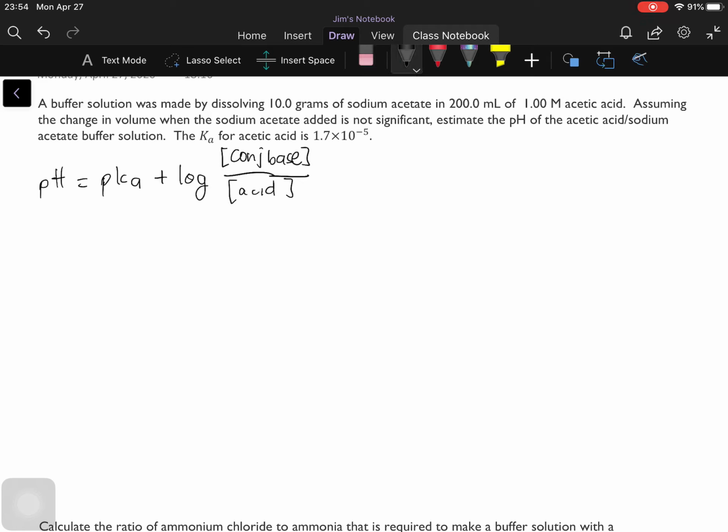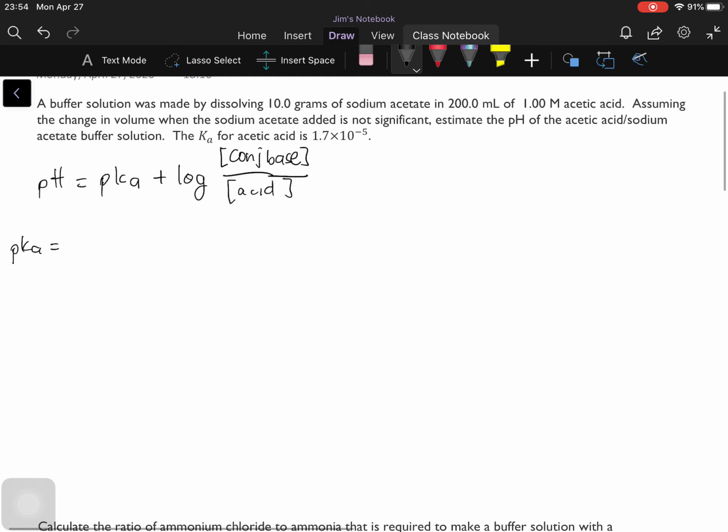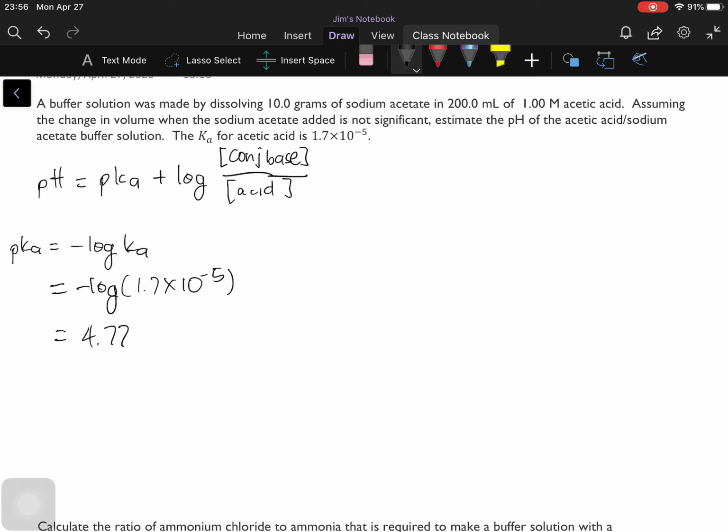Let's write them on the side. For pKa, we can solve this from the Ka. The equation for pKa is just the negative log of Ka. So this is the negative log of 1.7 times 10 raised to negative 5, and that is equal to 4.77. So the pKa is 4.77.